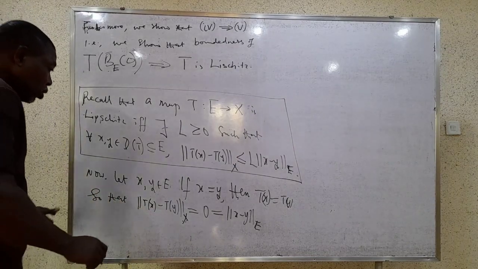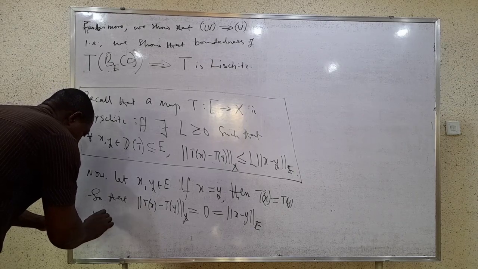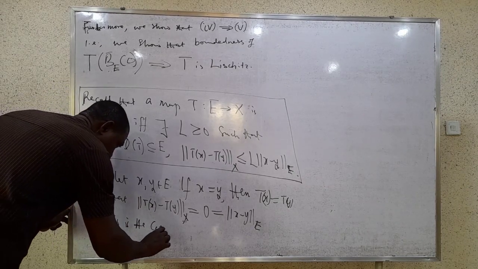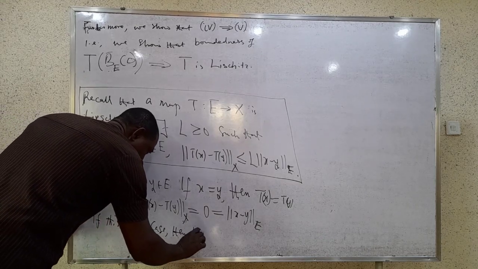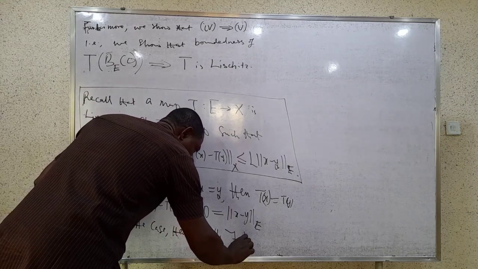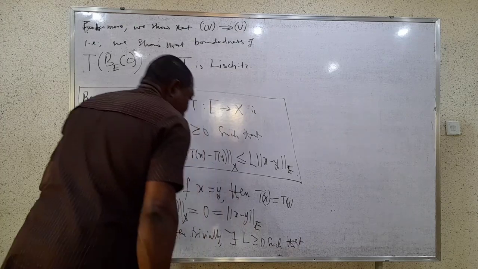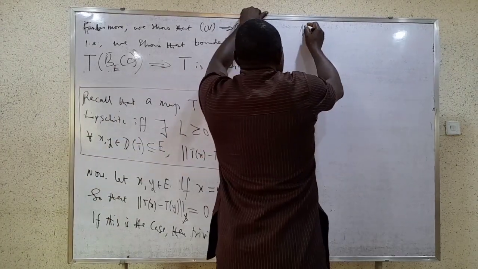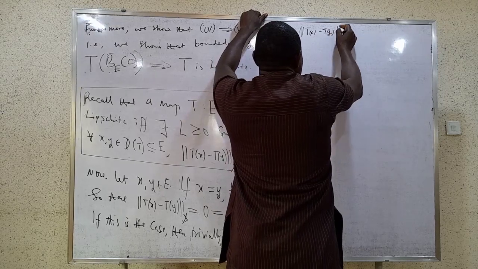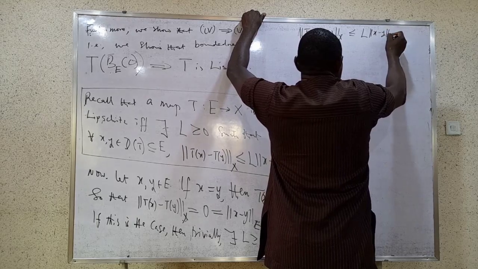So in this case, trivially, there exists L greater or equal to 0 such that the norm of T x minus T y in X is less than or equal to L times the norm of x minus y.